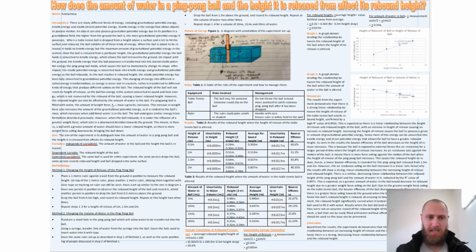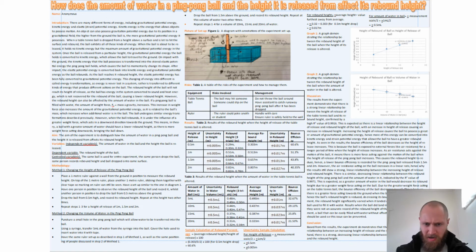It starts out with an introduction, which kind of is put first, talking about the physics that were involved in the experiment. So going into that in a lot of detail, you can see an aim down below that. You've got your variables, you've got methodology written out, the method for the first part of the experiment, then the method for the second part of the experiment. There's a picture drawn.